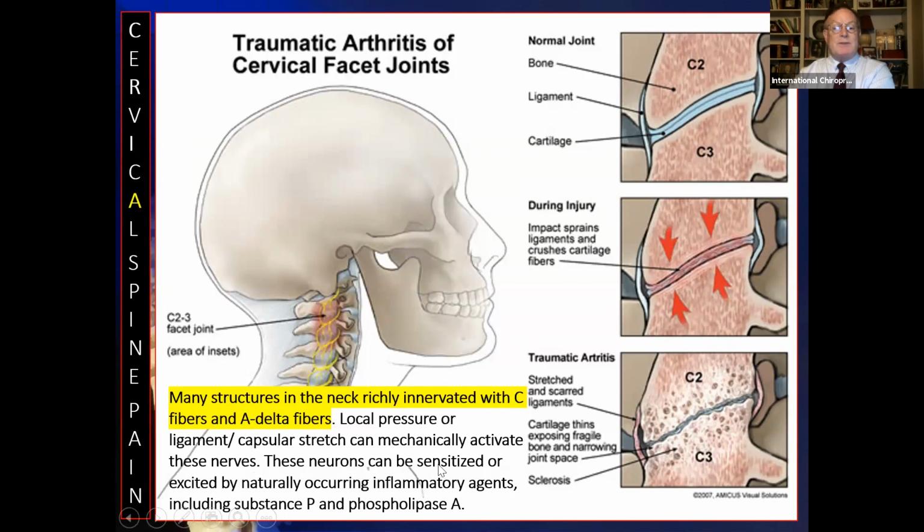The nerves can be sensitized over time and excited by naturally occurring inflammatory agents, because with an injury, you might have substance P, pain-producing phospholipase A, and we talked about glutamic acid. Glutamate is often in these milieu creating pain, and it hits these C fibers, which are unmyelinated.